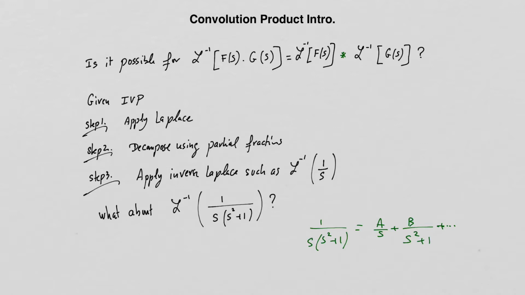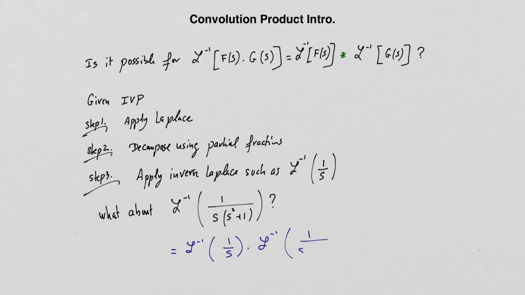But you might be tempted to split it this way, incorrectly. You might be tempted to do this: inverse Laplace of 1 over s times inverse Laplace of 1 over s squared plus 1. And the reason you might be tempted is not because you think the inverse Laplace of a product is the product of inverse Laplaces.